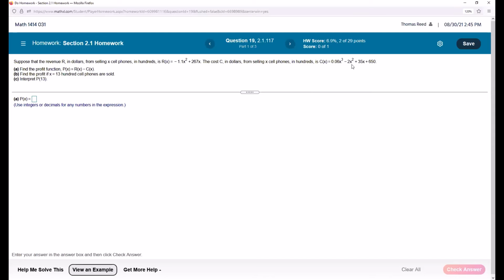So I'm going to square 13, which is 169, and double it and add that to whatever number I get here. And then I'm going to subtract 35 times 13. And then I'm going to subtract 650. And so that's going to be the answer, letter P, and then interpret that profit.